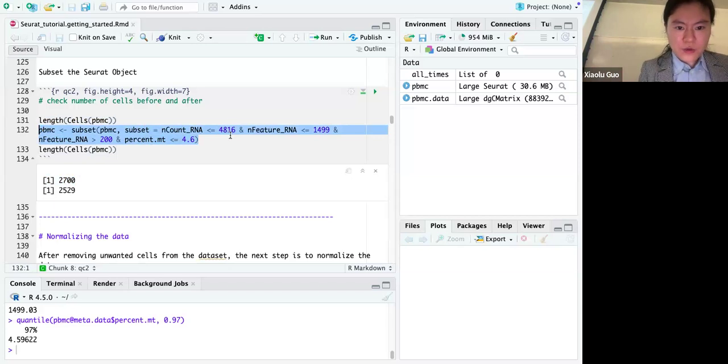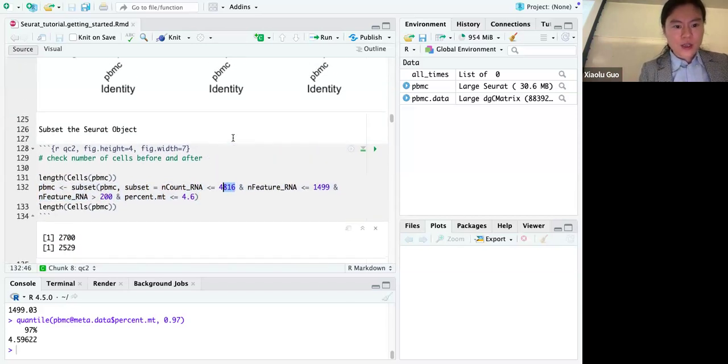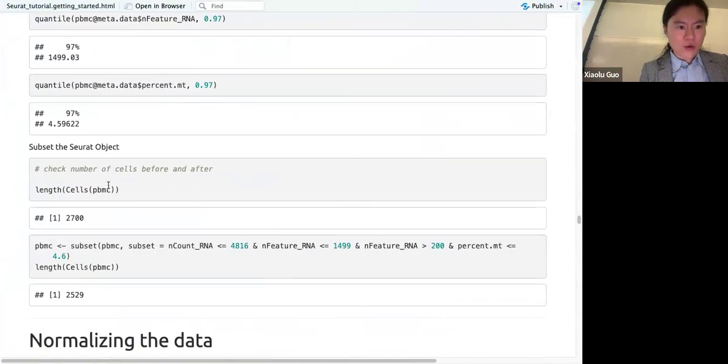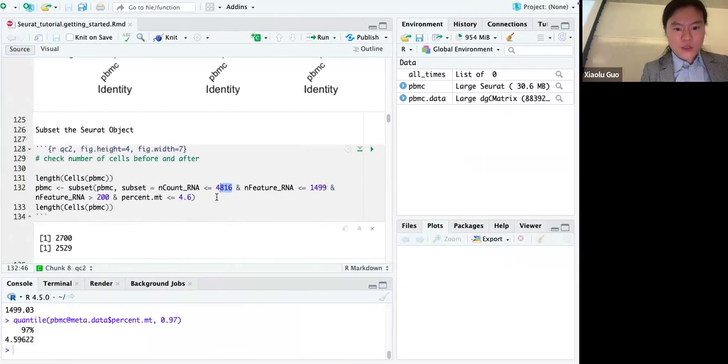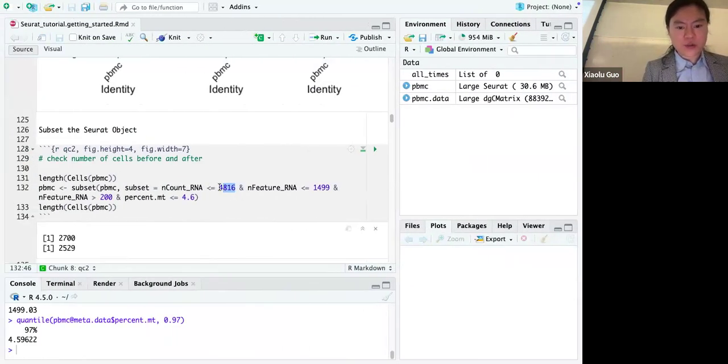We have some thresholds decided by the quantiles, and we use those numbers as thresholds. We only select cells where the UMI count is less than the 97th quantile and the feature count is less than 1499.